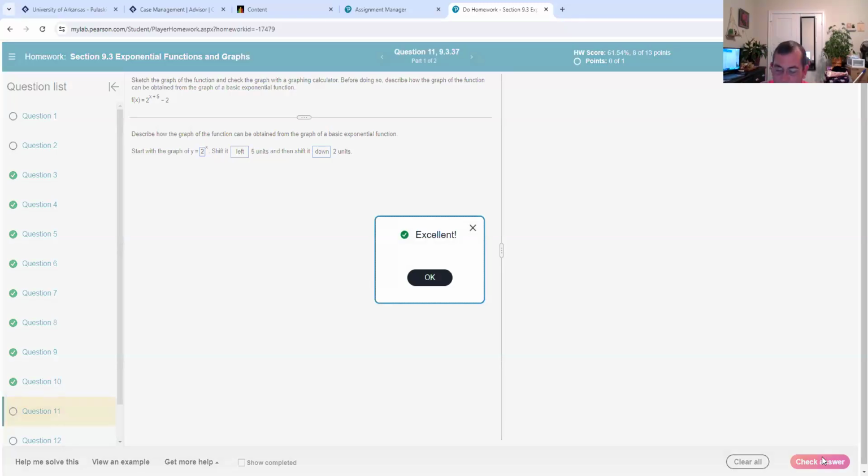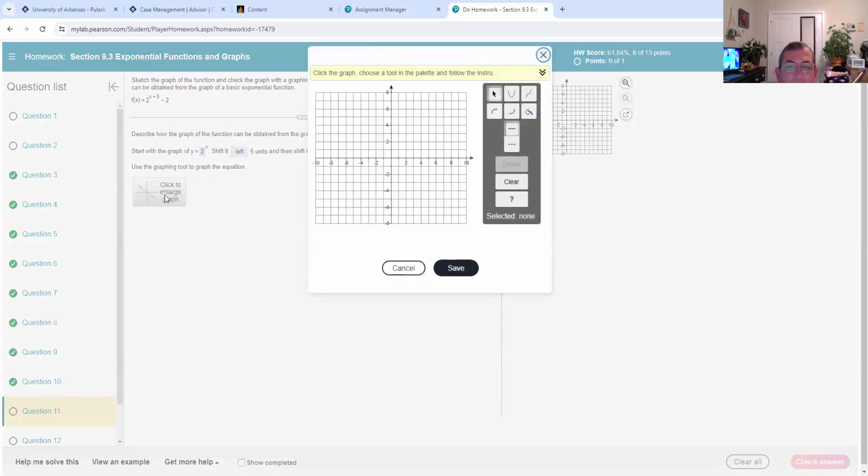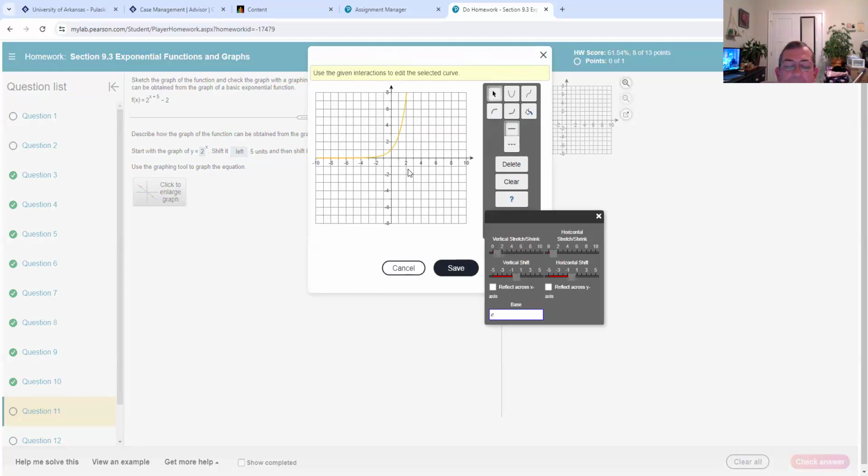All right, y'all, let me get some of these. Oh, did I have to graph that? And I guess I did. Okay, so we got to graph it. My bad. So click our exponential tool, click on the graph.